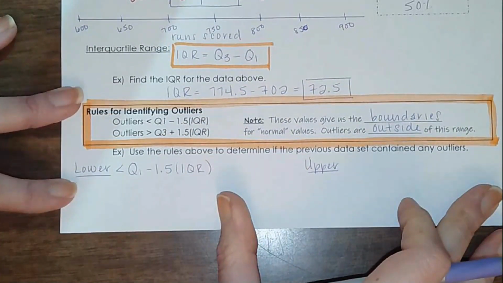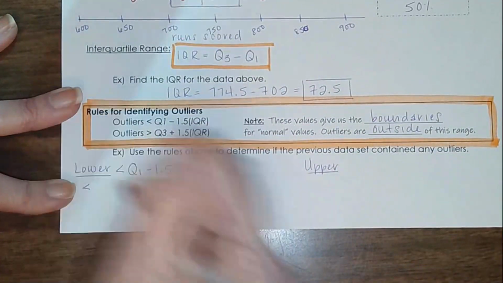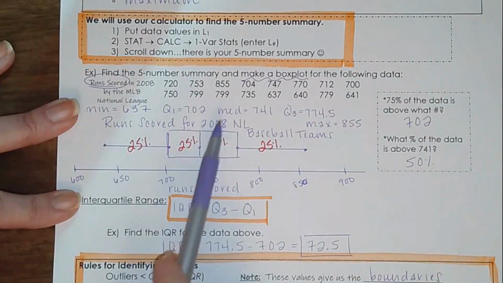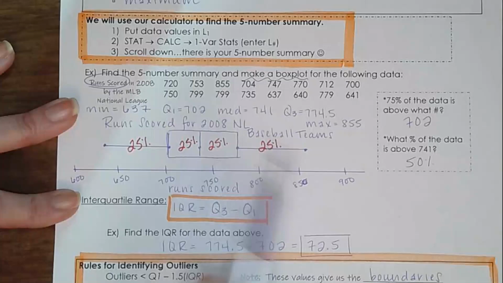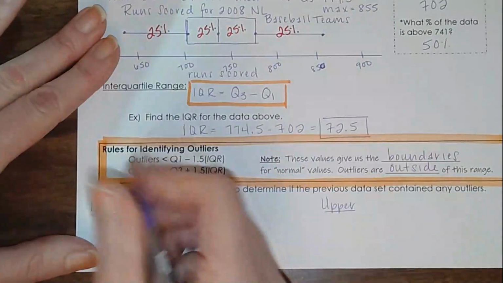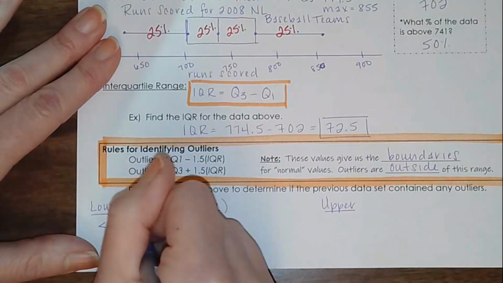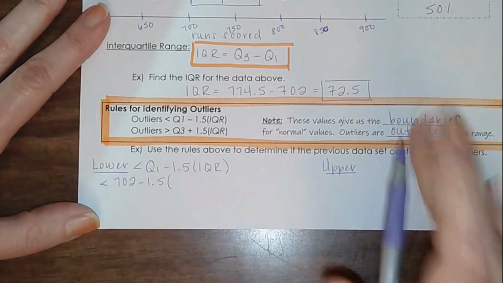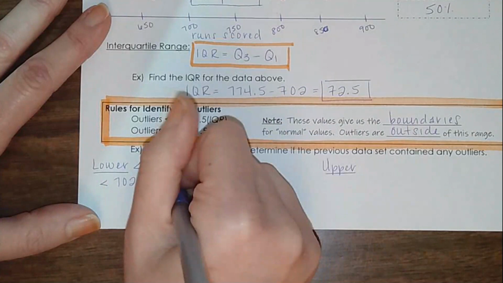Okay, so let's substitute our values in. Less than quartile 1. What was quartile 1 for this data set? 702. Minus 1.5 times our IQR. We just found our IQR right above here, 72.5.